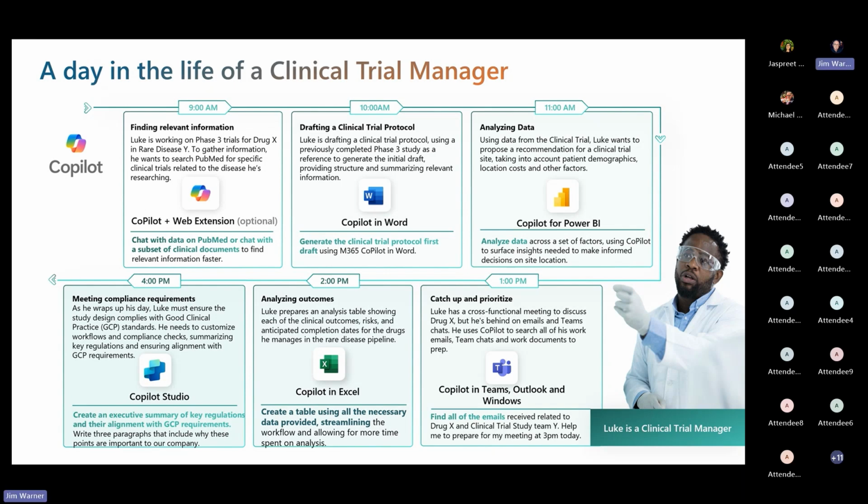So you can see that moving through the morning, we're finding relevant information, drafting the clinical trial protocol document. We could be using Power BI, Copilot and Power BI for analyzing data. And then moving into the afternoon, we can start catching up and prioritize some of the things in Teams and Outlook, like Jaspreet was showing.